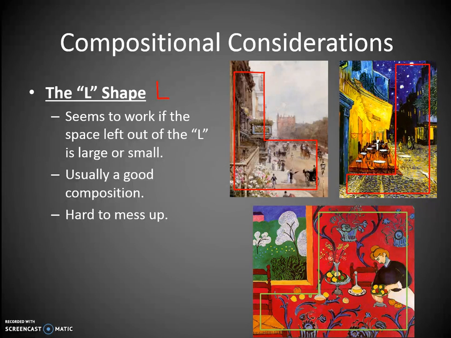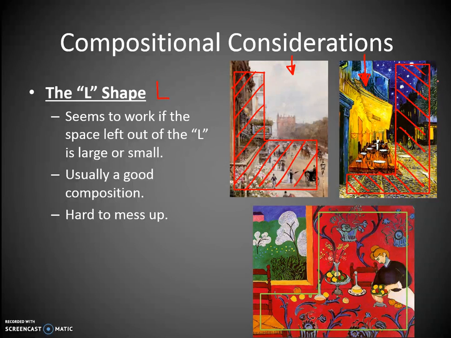Now you'll notice that with the L's, either our focal point or our main object, our subject, is going to be within the L, so it creates the positive space, and the empty space of the L is the negative space. That's one option. Then the other option is that our actual focal point, our subject of the artwork, is in the negative space of the L, and then the L itself is technically the background.